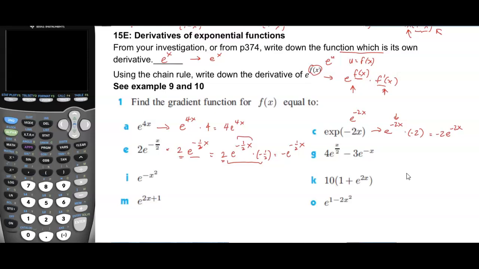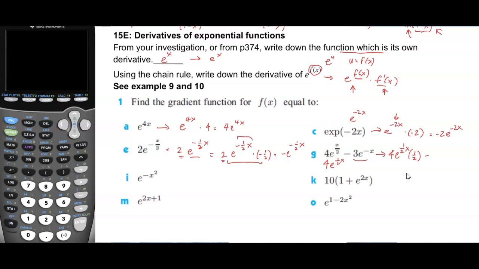Derivative of 4e to the x over 2 minus 3e to the -x. I'm just going to write 4e to the x over 2. I'm going to rewrite it as 4e to the 1/2 x. Now I'm going to take the derivative of each one. So first I just rewrite the 4. I rewrite e to the 1/2 x. And then I multiply times the derivative of the exponent.